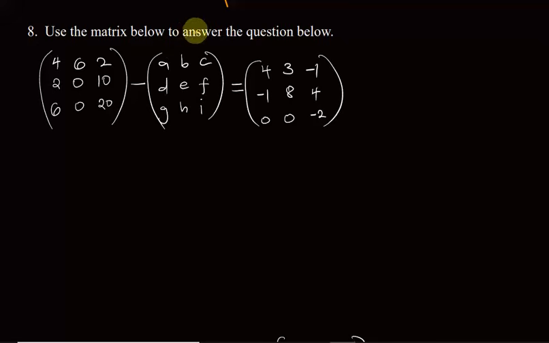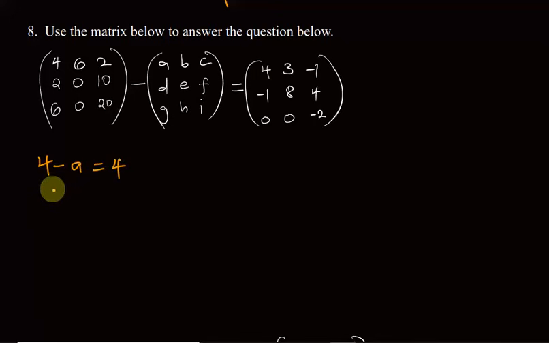Use the matrix below to answer the question that follows. Yeah, that is the matrix. It is a 3 by 3 matrix. Check on how I'm solving it. 4 minus a is equal to 4. You can see this 4 here.